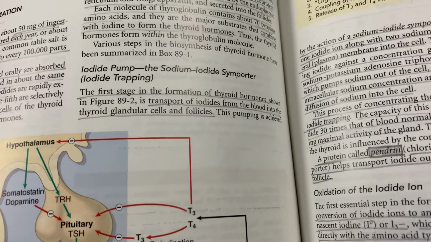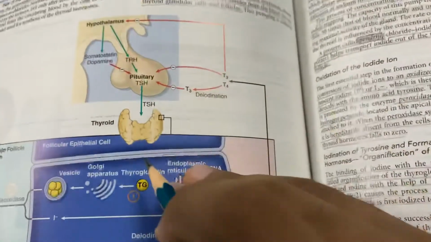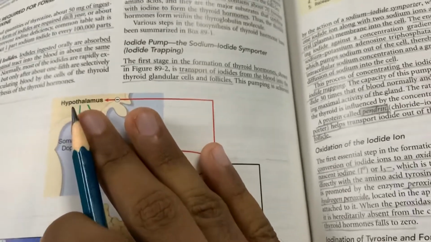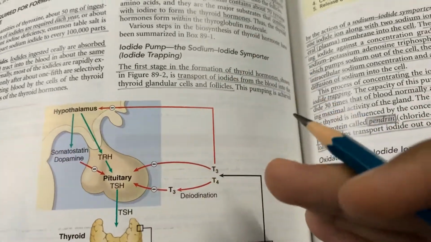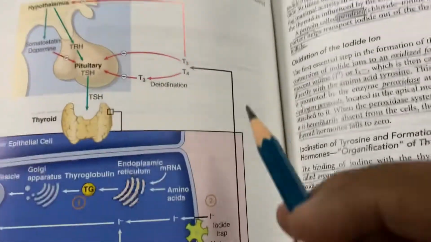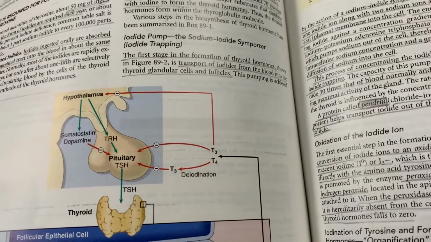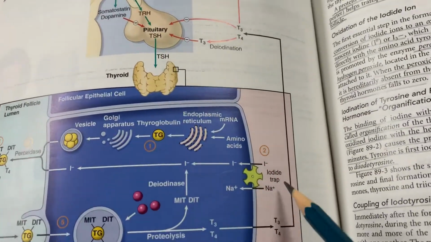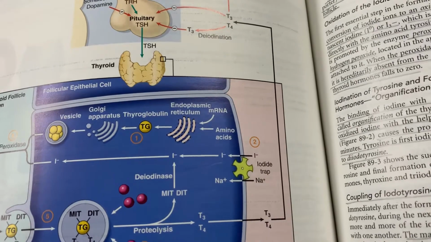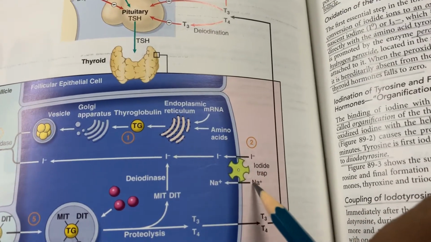Okay, then what happens is these iodine molecules need to be concentrated within the thyroid follicle for synthesis of thyroxine. So you have this pumping of iodide ions from the blood into the glandular cells and follicles of the thyroid gland. It is achieved by a sodium iodide symporter. It works on the principle of secondary active transport.